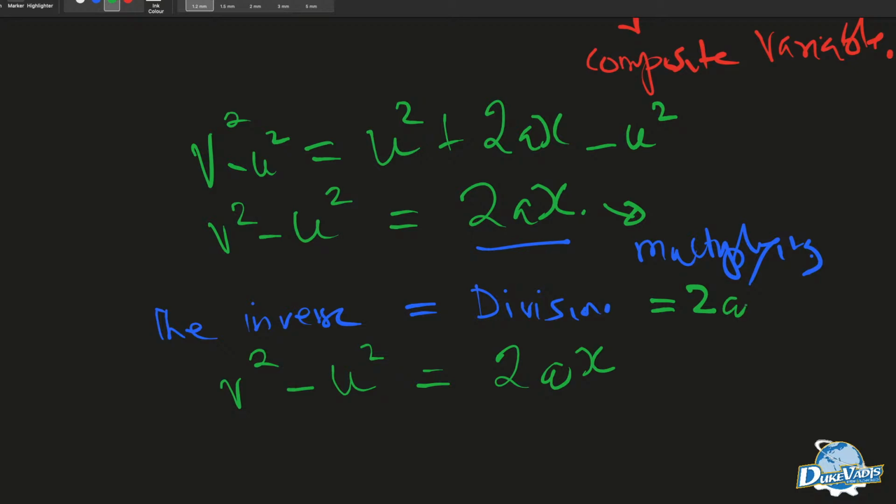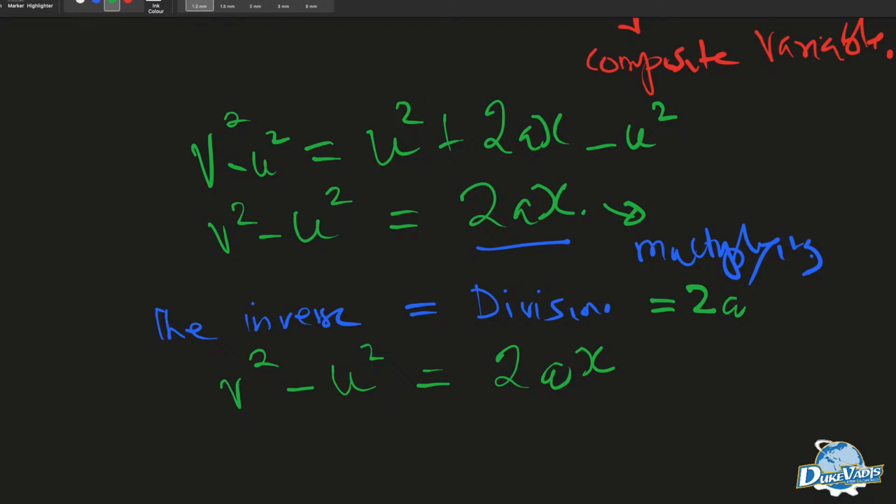If we block this one, only this, we see only x. When we block the 2a, we see the x is the only one left. So that means we have to divide by this 2a so the x can stand alone. So now we got to do that. So divide here by that.